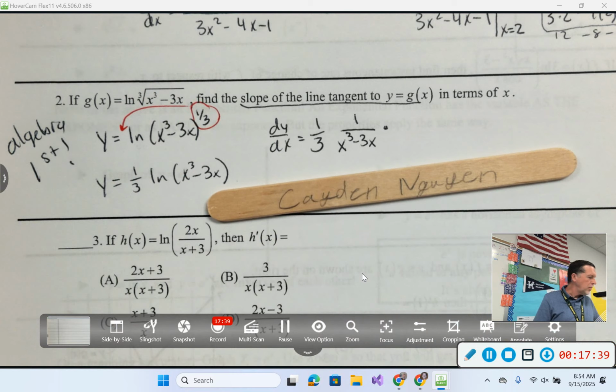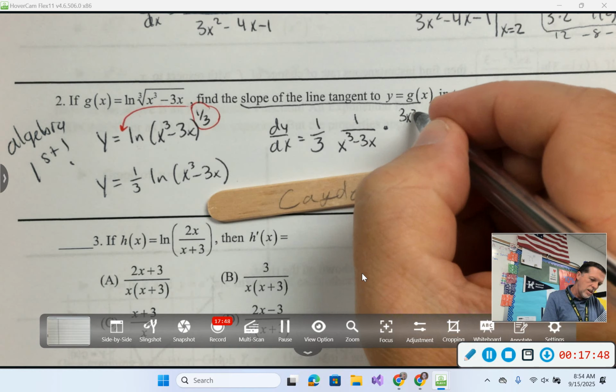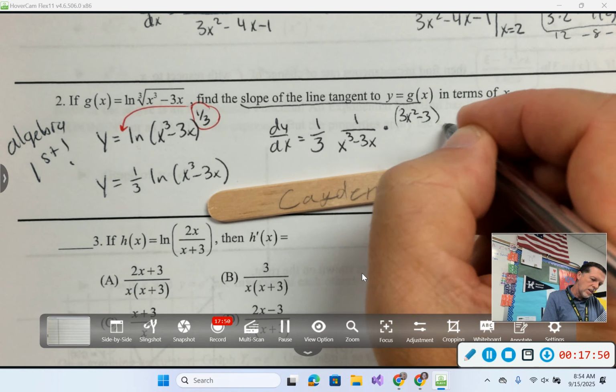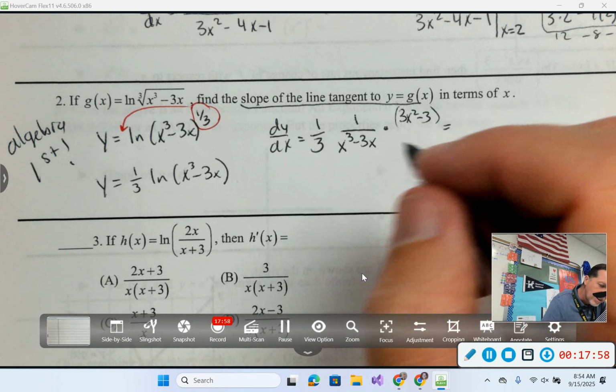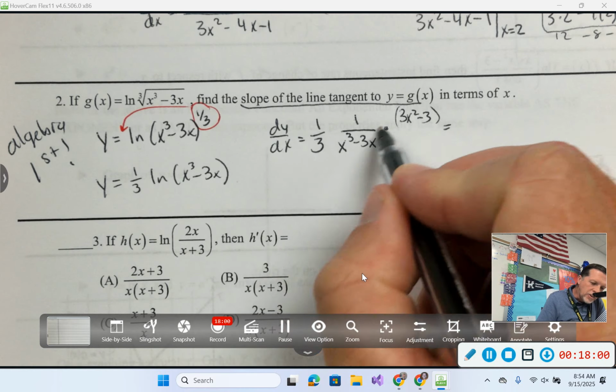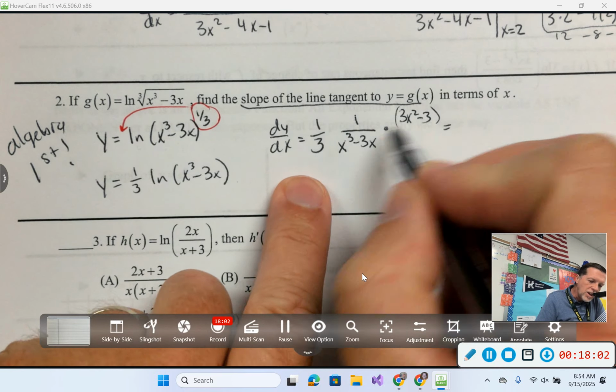We'll put some people on the spot here. Caden, what's the derivative of x cubed minus 3x? Good. That's kind of spread out and unruly of an answer if it's a perfectly okay answer. But I also see that both of those are divisible by 3.